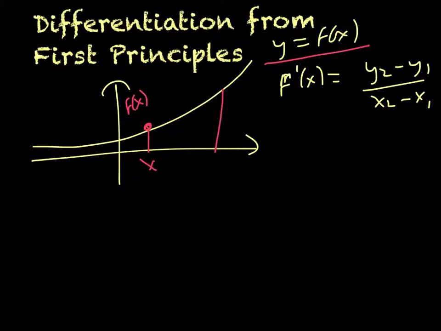If I move along a certain distance, delta x, and remember, delta x is saying a small amount of x onwards, so I'm moving a small amount of x to the right. So let's say this is therefore x plus delta x, and as we know, because y equals f of x, we therefore have a corresponding y value of f of x plus delta x.